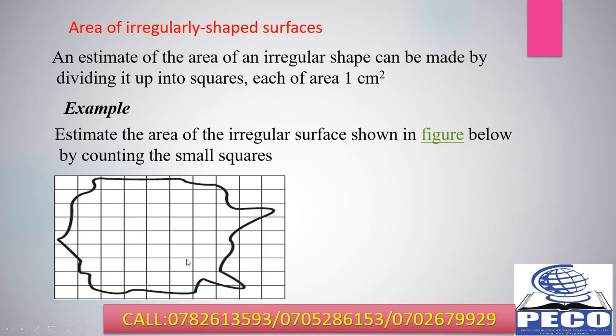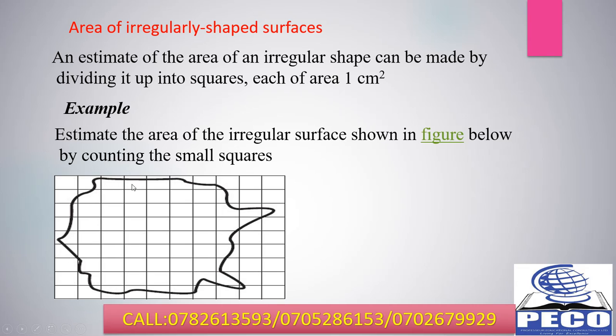Then I go to the other one, 1 2 3 4, that's now 34. 1 2 3 4, 38, and there is one here which makes 39. So there are 39 complete squares. After having counted all the complete squares, then you go to those which are not complete.